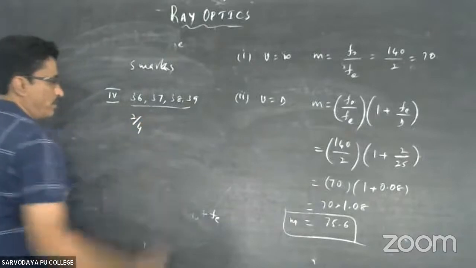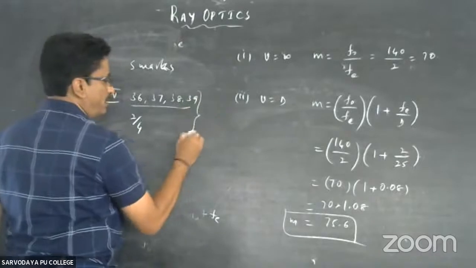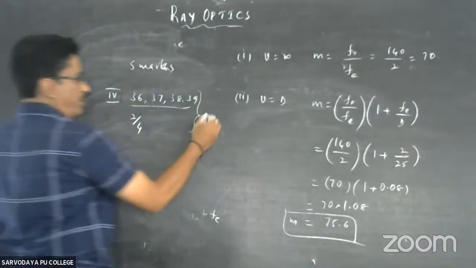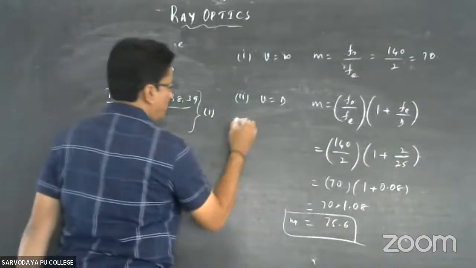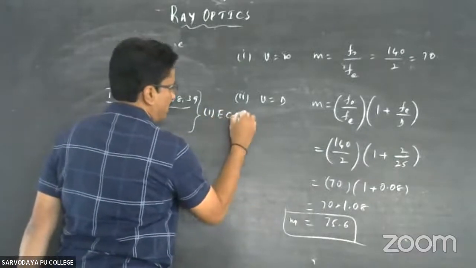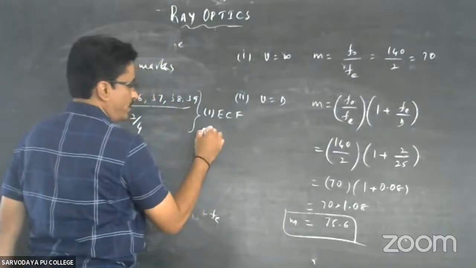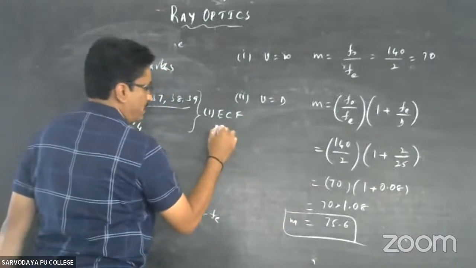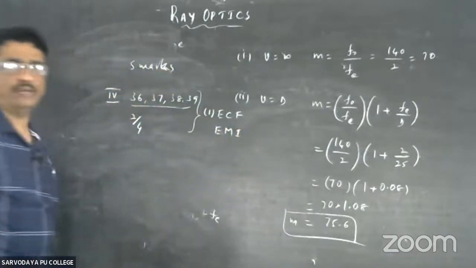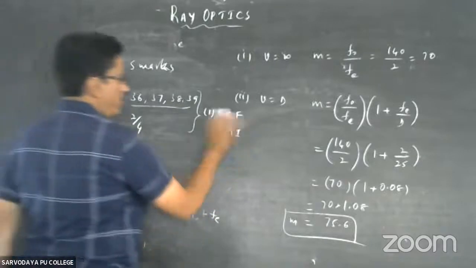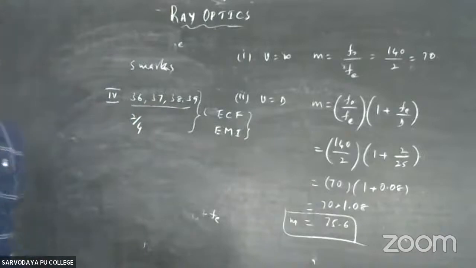But once you consider this main, from the first chapter, that is electric charges and fields, to the next, that is electromagnetic induction, up to EMI, the knowledge questions are picked.